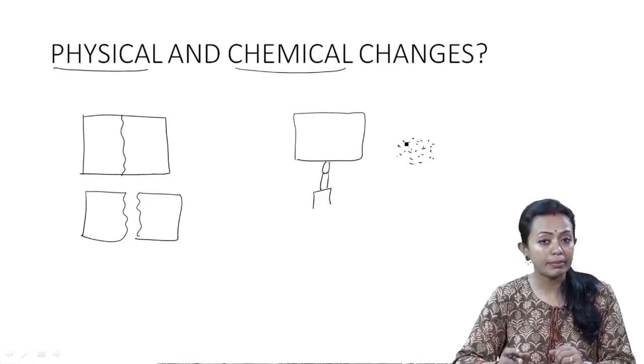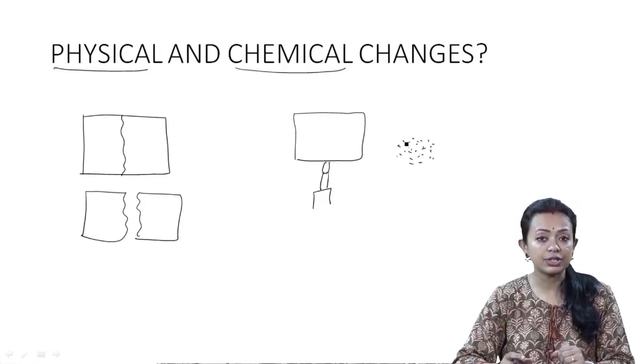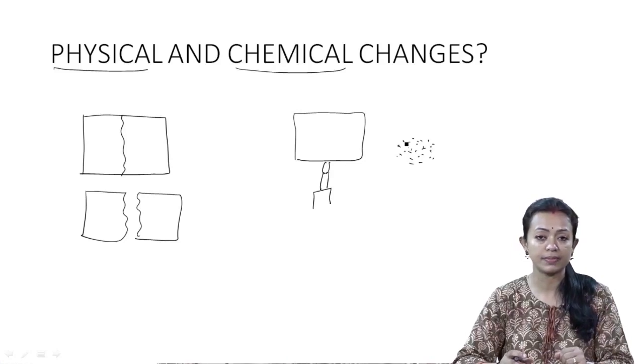So always remember that a physical change is a temporary change and there would be only changes in the physical attributes of the substance. Whereas in chemical change, a new substance is formed and it does not retain any of its individual identity from before the reaction.